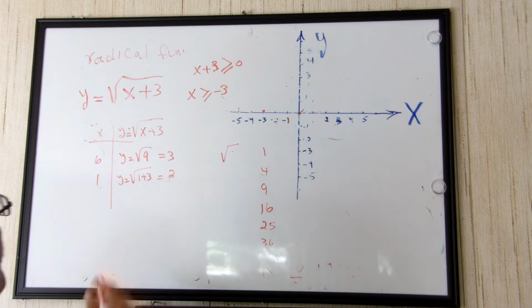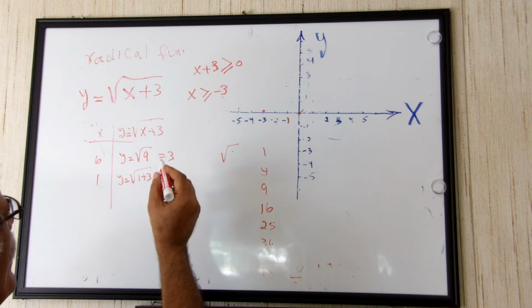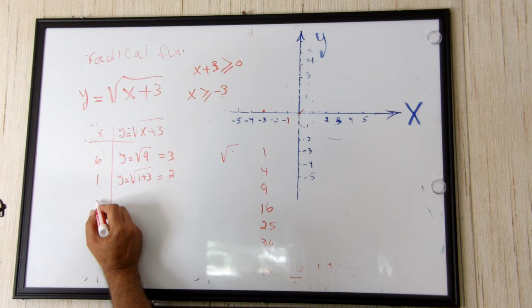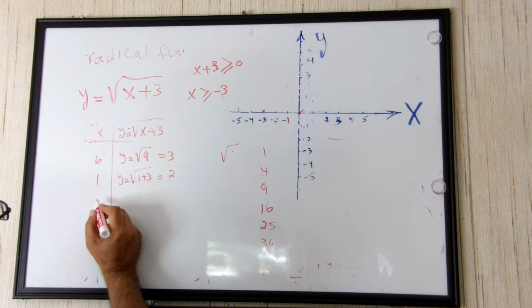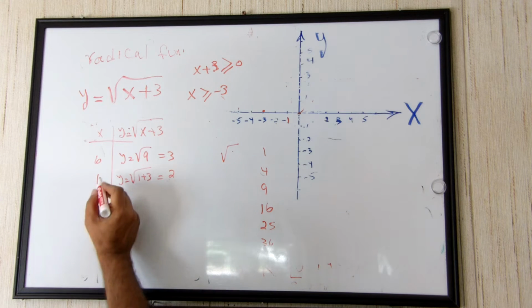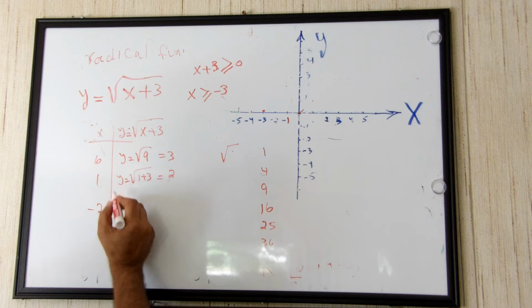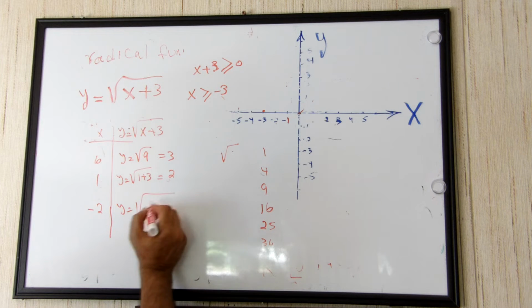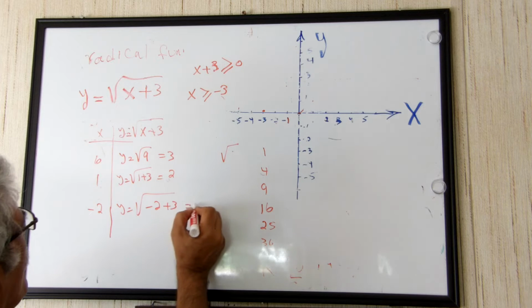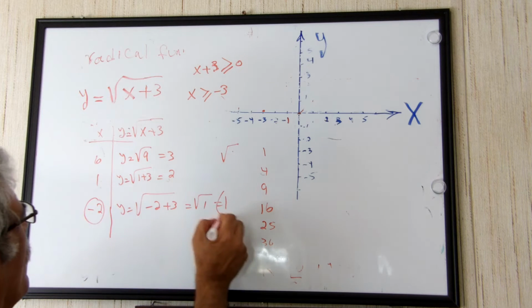So let's find the others. We can put 0 here, or let's put something that makes it work, even x equals minus 2, for example. It's going to be y equals the square root of minus 2 plus 3, which is 1. We have x is minus 2, y is 1.